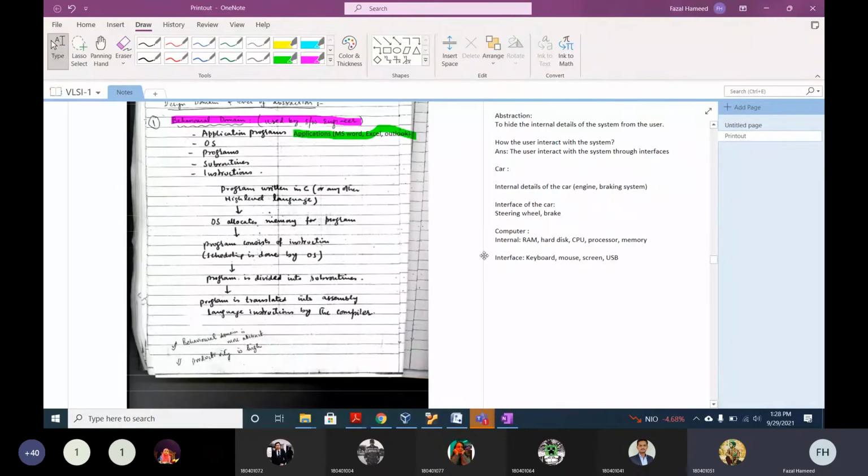I'm writing on the right hand side. The operating system provides an interface between the application program. What is an application program, beta?